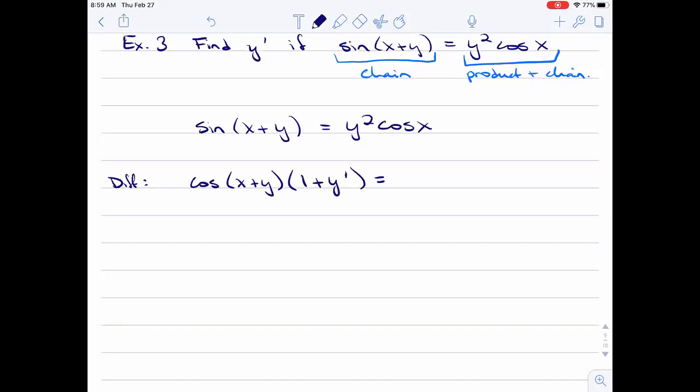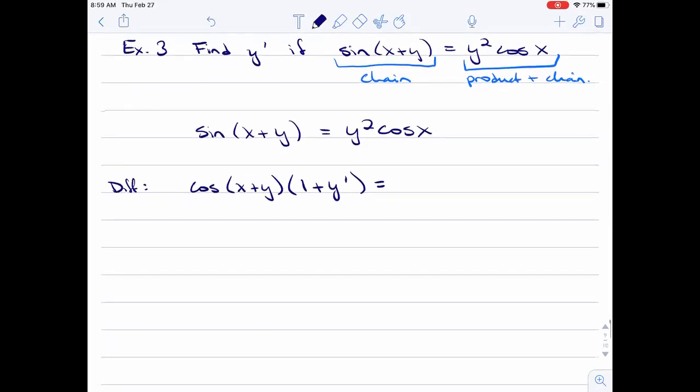Moving on to the right-hand side, we have to do the product rule first, right? And then for the y squared, we're going to have a chain rule.